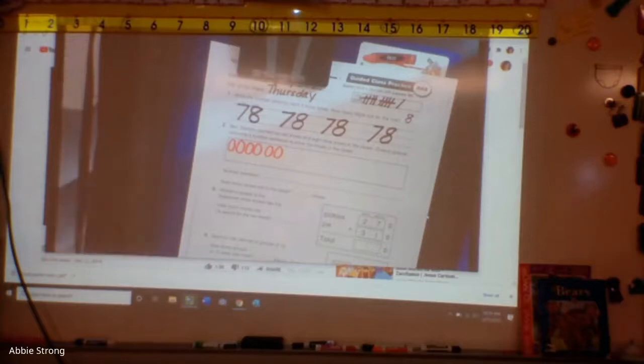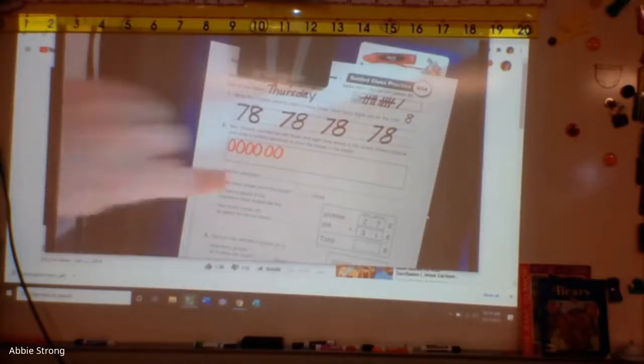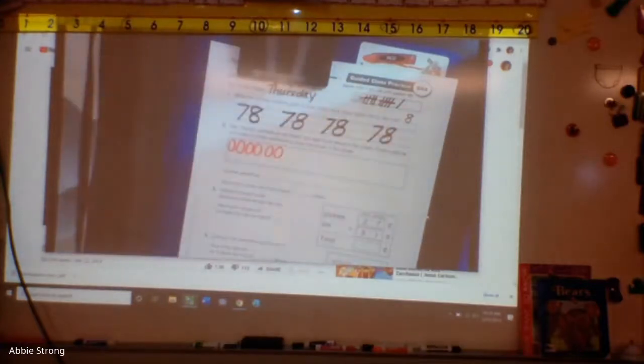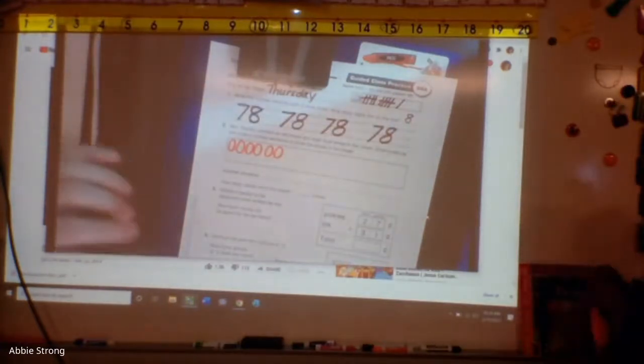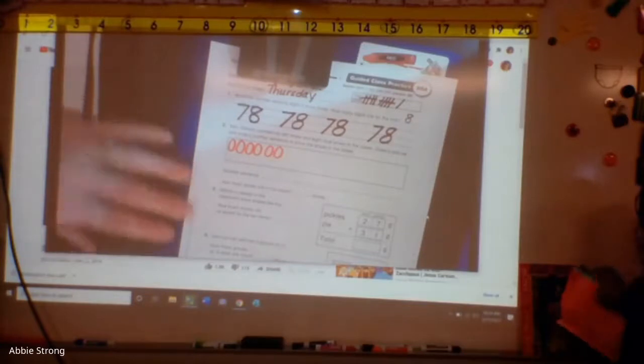And then it says 8 blue shoes. So find your blue crayon. And now you're going to have to make these small because you're going to run out of room if you made really big circles. We have to do 8 of these. We're doing 8 blue circles. Ready?